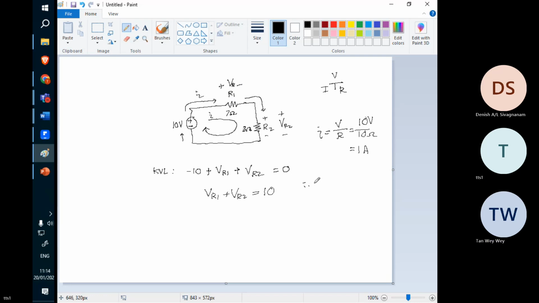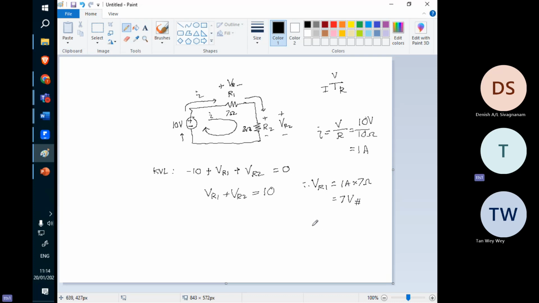Therefore, VR1 is equal to voltage equal to current times resistance, right? Is 1 ampere times 7 ohm. So it becomes 7 volt.